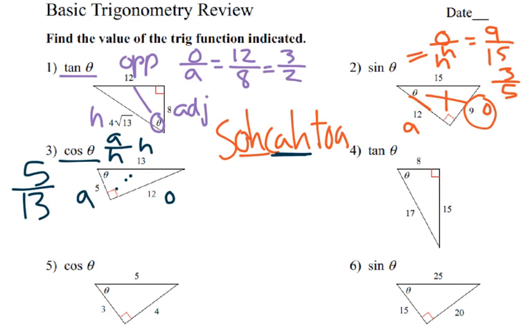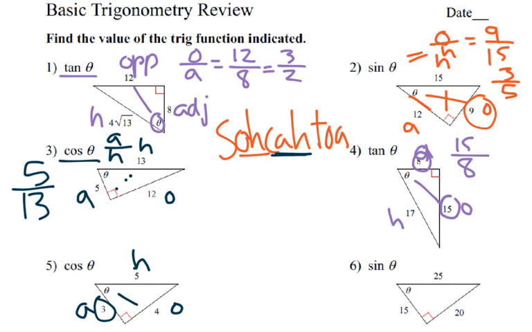So tangent, there's my opposite, that's my hypotenuse, adjacent. So tangent would be opposite 15 over 8, the adjacent. Okay, the cosine would be, so there's opposite, adjacent, hypotenuse.